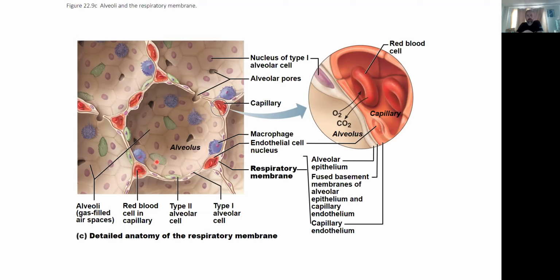The idea here is that when we're zoomed way in, at a very, very small scale, different forces apply than at bigger scales. One of those forces is water tension.